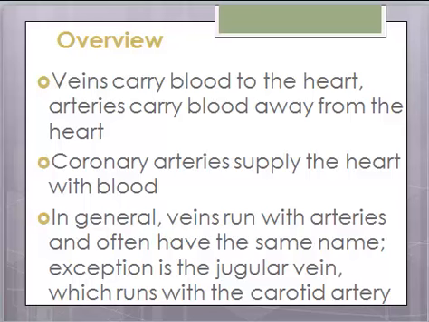And in general, veins run with arteries, parallel to each other, and they often have the same name. Sometimes they even have the same name as a nerve, like you have an inferior alveolar nerve, an inferior alveolar artery, and an inferior alveolar vein.